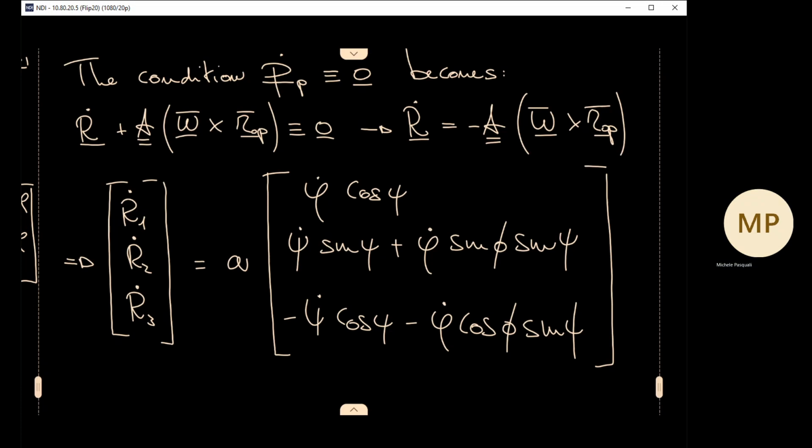Now, we can just rewrite this, putting into evidence the angular velocities.